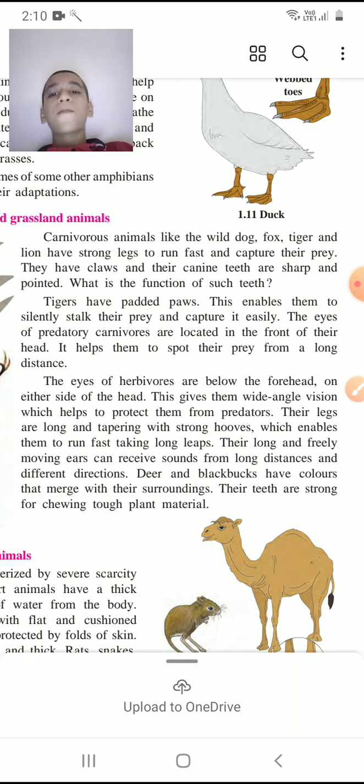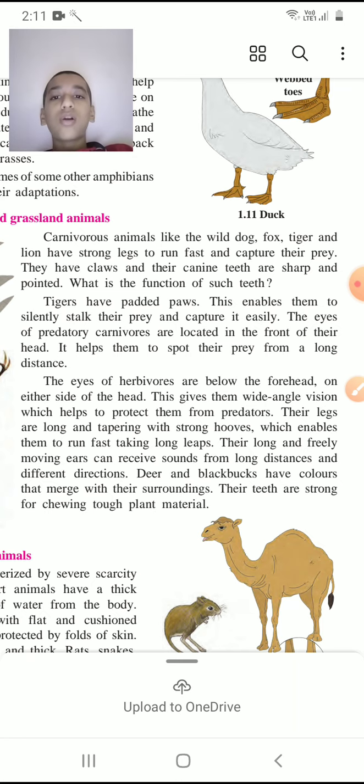The eyes of predatory carnivorous animals are located in the front of the head. It helps them to spot their prey from a long distance. The eyes of herbivorous animals.